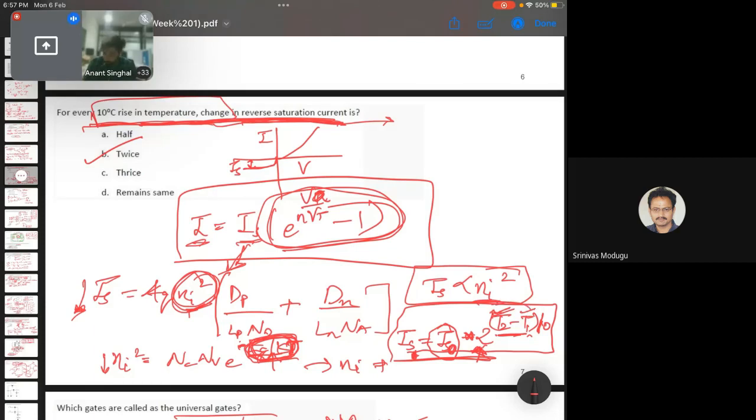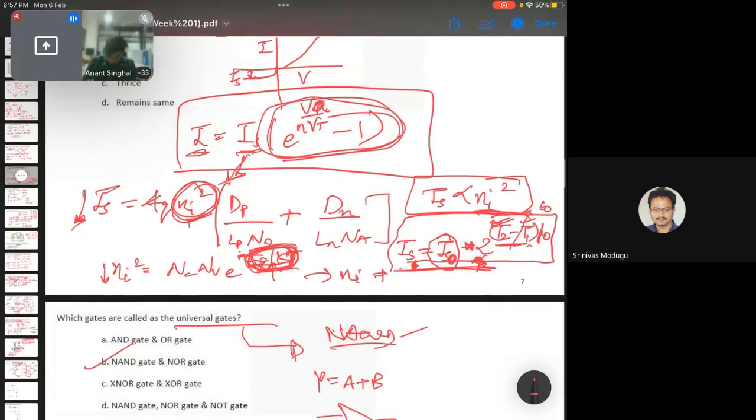If we take this difference as 10, IS1 will be nothing but twice IS0. So that is why we got twice here.